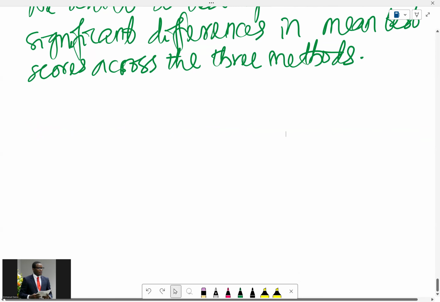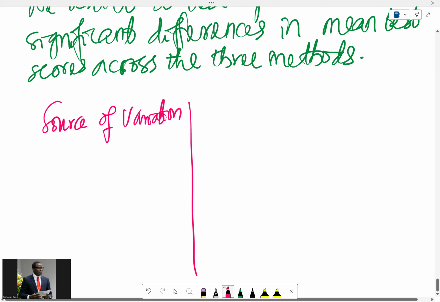Okay. So we can have, I guess I should have even written this before the example. So we can have a very nice table like this to present our work. Source of variation, then you have sum of squares.